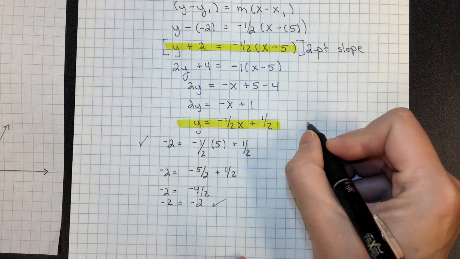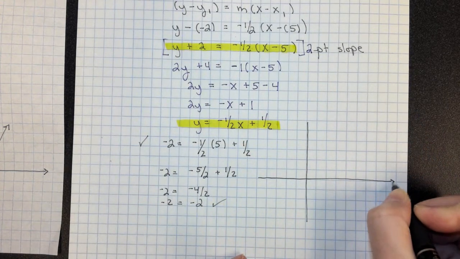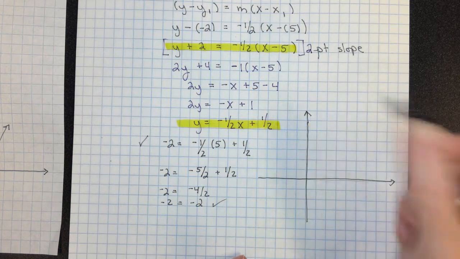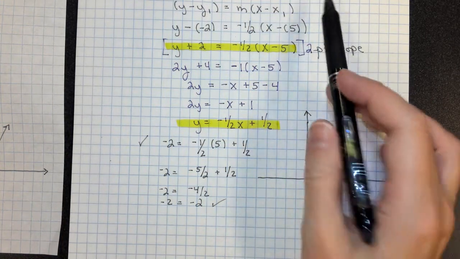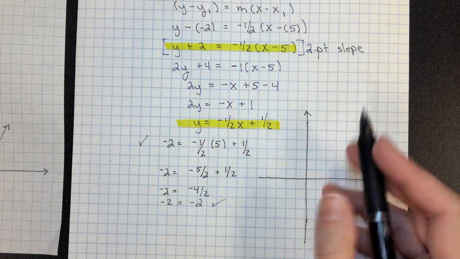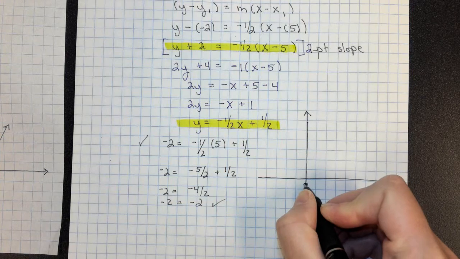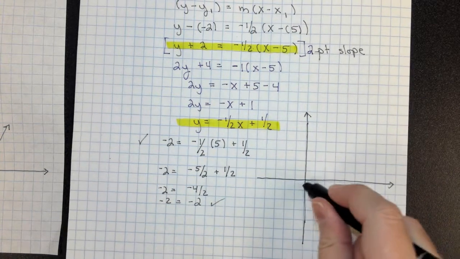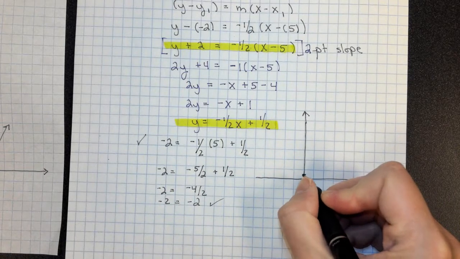Now I can also graph my line. And I'm going to graph the point. So right here, I got the y-intercept is 1/2. Oops. Except I need to put it in the right place. Excuse me. 1/2.